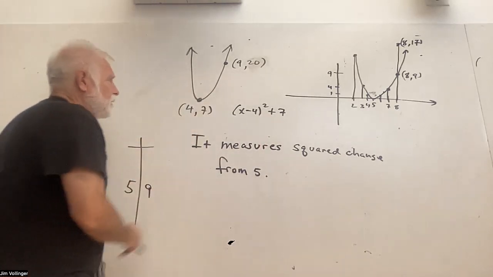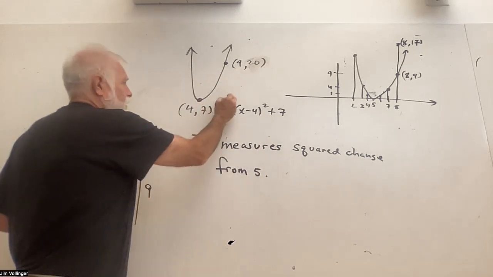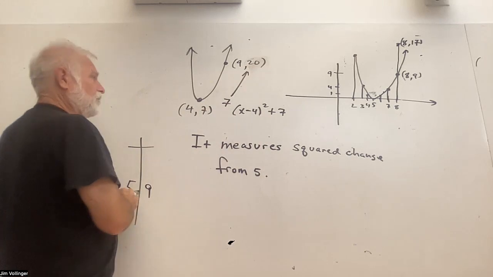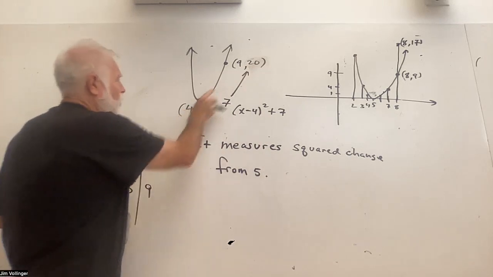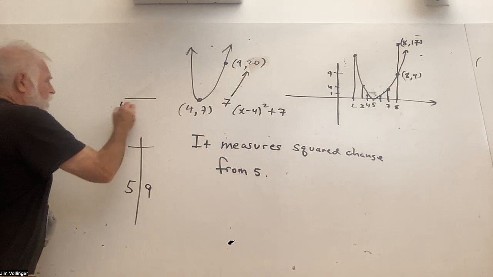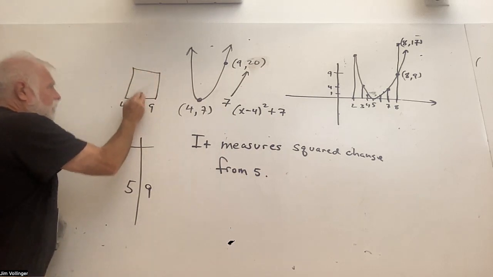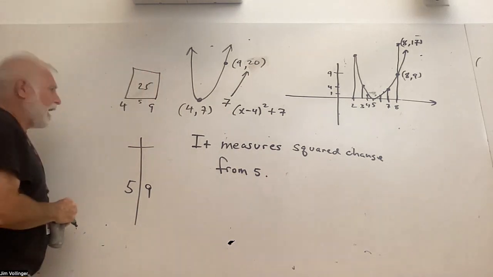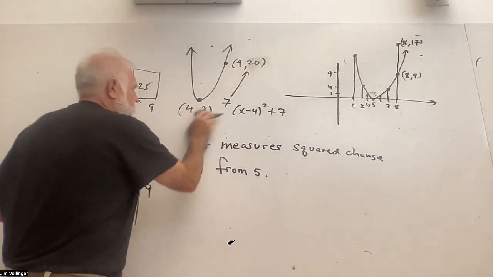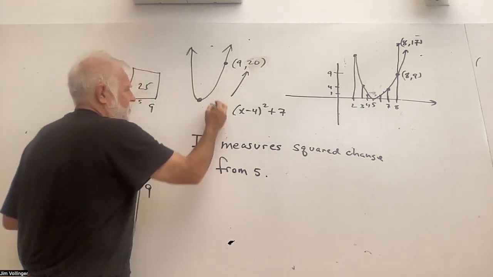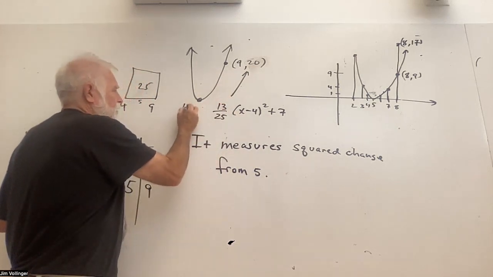To 20. Well, I just learned something here. From 7 to 20 is 13 units of change. But from 4 to 9, I know what the quadratic change is. 4 to 9 is 5, and 5 squared is 25. I don't want 25 units of change. I'm looking for 13.